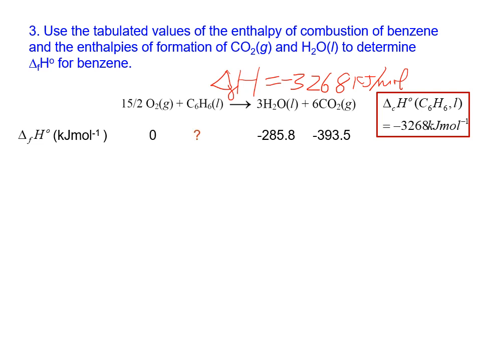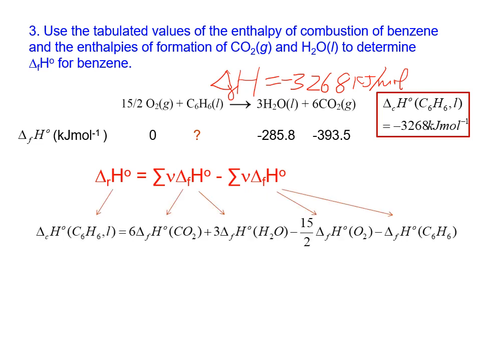Oxygen is an element, and its enthalpy of formation is 0. So how is the enthalpy of formation of benzene related to the reaction enthalpy? The reaction enthalpy is the formation enthalpy of the products minus the reactants, which is the formation enthalpy of the CO2 and water minus oxygen minus benzene.